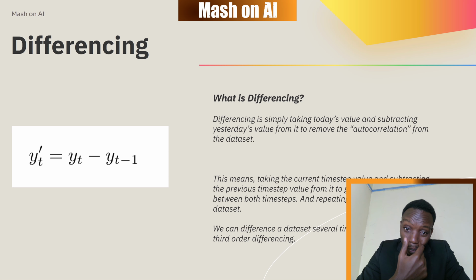Okay, so now here's where I'm going to teach you the concept of differencing. Differencing is simply taking today's value and subtracting yesterday's value from it to remove the autocorrelation from the data set. Autocorrelation is when this time step is dependent on other time steps, right?